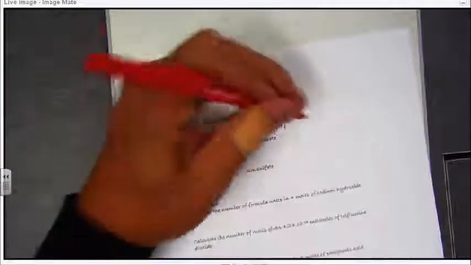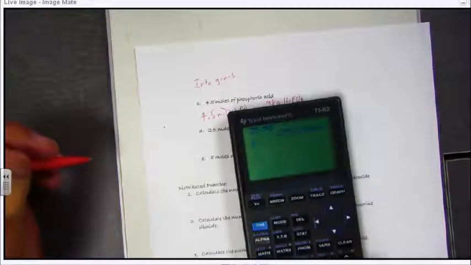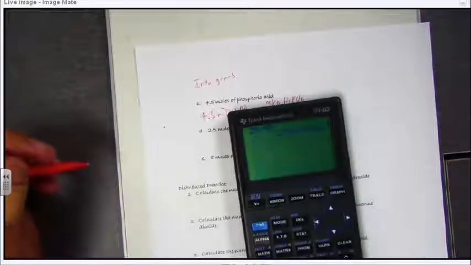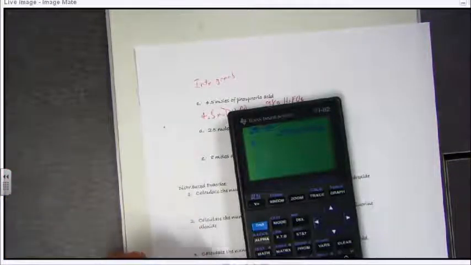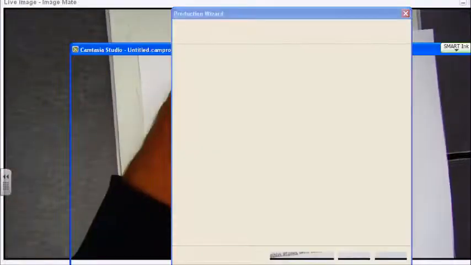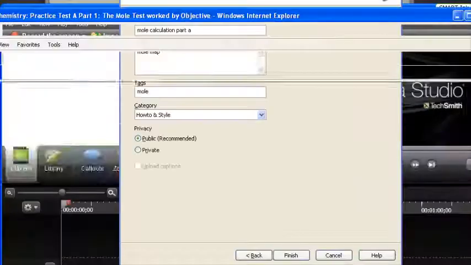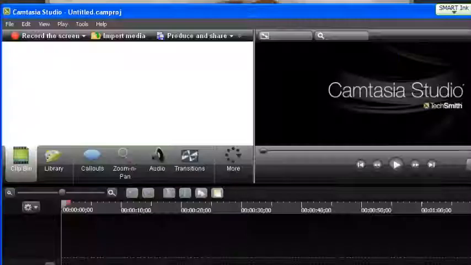These cross out, and when we multiply 4.5 times 98, we get 441 grams H3PO4.